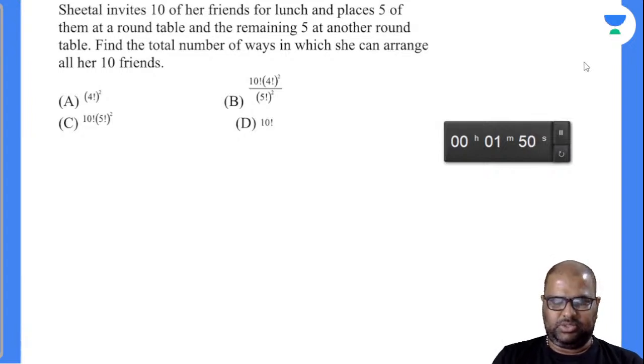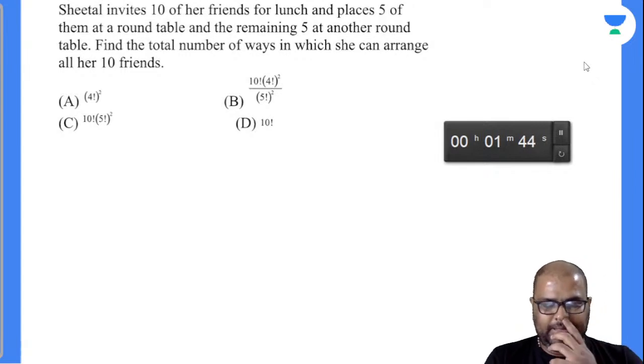No. You are asked to find the value of n, Raga. Your answer is right, but the question asked is what is the value of n?